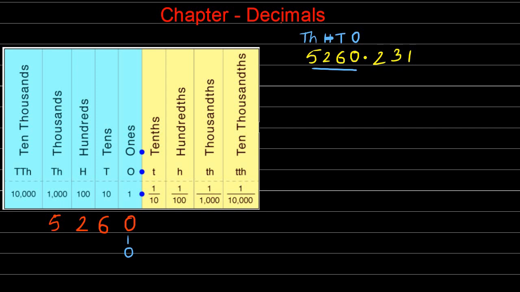Every place, if the 0 is there, its place value is 0. Now let's see the 6. 6 is present at 10's place, so its place value is 60. 2 is present at 100's place, so its place value is 200, and 5 is present at 1000's place, so its place value is 5000.